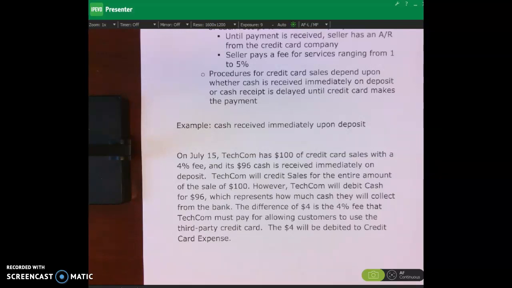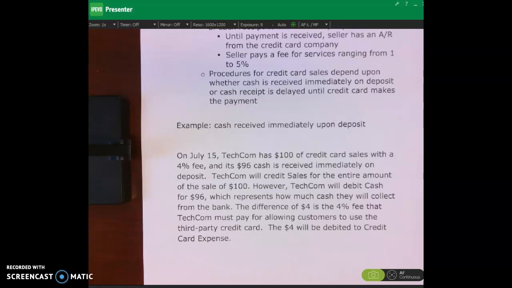Or the restaurant may have to collect all of their receipts and send them to the credit card company and then wait for the credit card company to reimburse them.